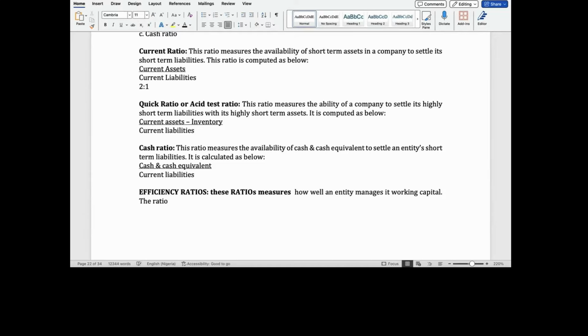And the ratios here are trade receivables in days, which can also be called trade receivables turnover period, or debtors in days, or debtors collection period. It can be called all those names.